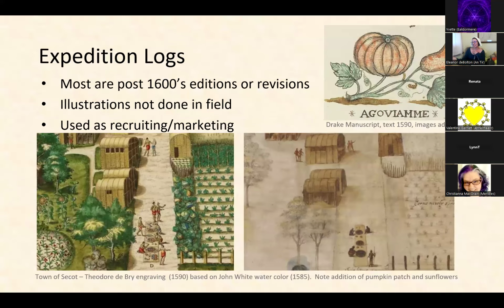Even if they did, like this one from 1585, oftentimes it was copied and details were added. Those two pictures at the bottom are of the same town, but you can see the vast difference in the artistic liberty taken with the more colorful one that is from later on. So it's hard to get really botanical with some of these descriptions.